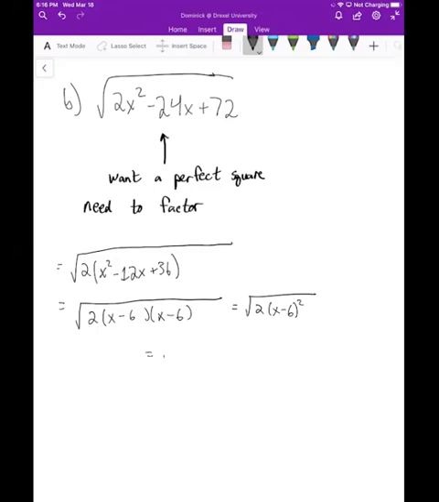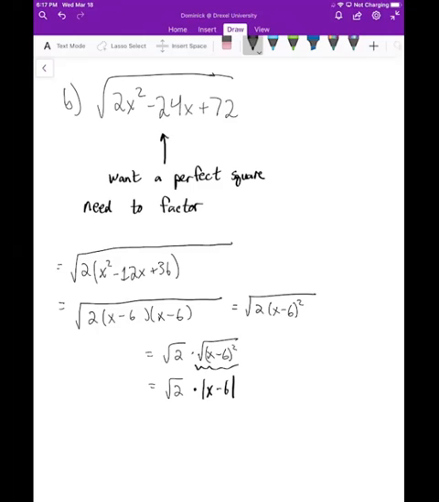So last but not least, we can write this as square root of 2 times square root of x minus 6 squared. And then, of course, same idea, square root of 2 is just going to come down. But here, if you want the varsity answer, you would want an absolute x minus 6.